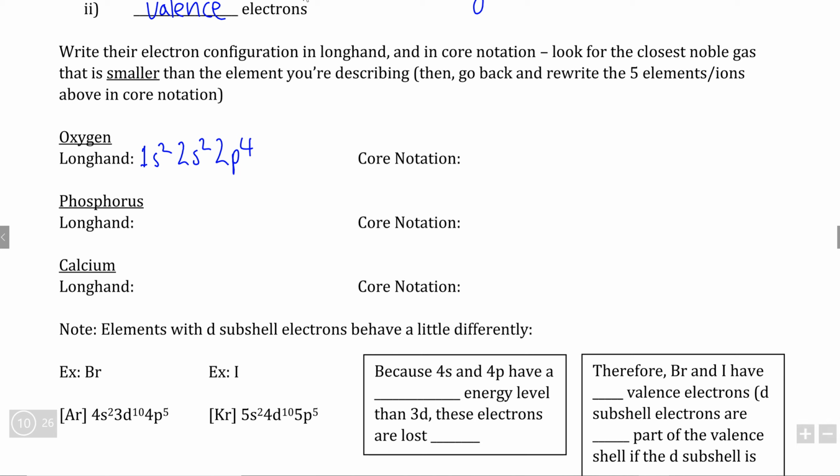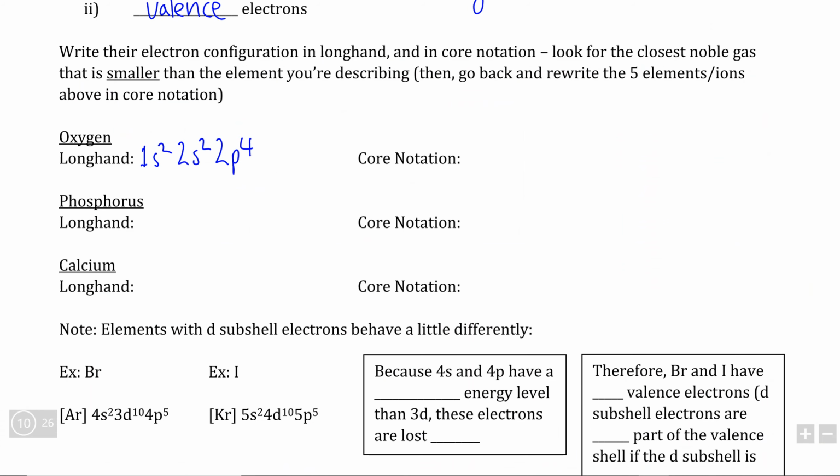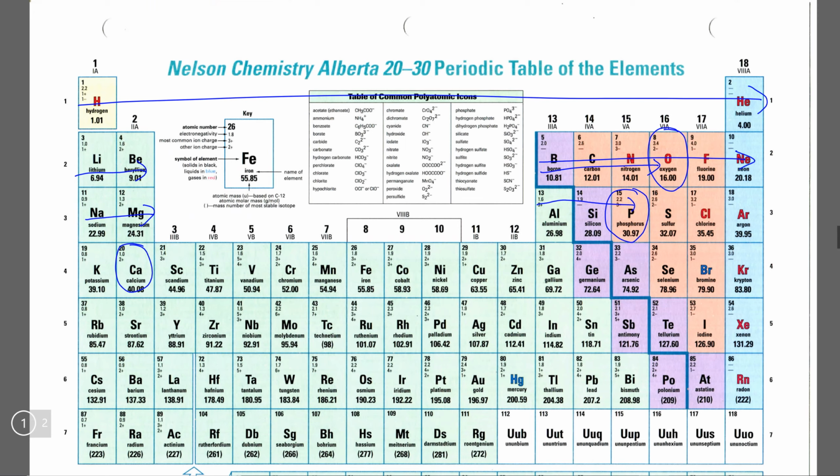So now let's do the same thing for phosphorus. So here's phosphorus, 1s2, 2s2, 2p6, 3s2, 3p1, 2, 3. So let's go and write that configuration down. 1s2, 2s2, 2p6, 3s2, 3p3, and finally for calcium, same idea. 1s2, 2s2, 2p6, 3s2, 3p6, 4s, 1, 2.